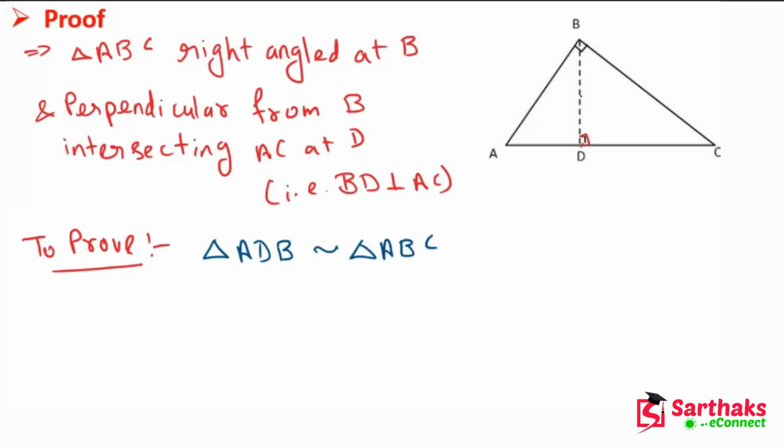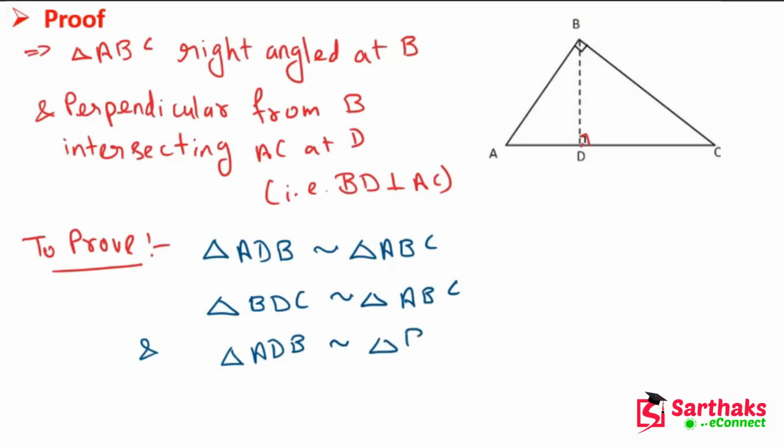After that we have to prove triangle BDC is similar to triangle ABC. And last, triangle ADB is similar to triangle BDC. So now let's prove that.